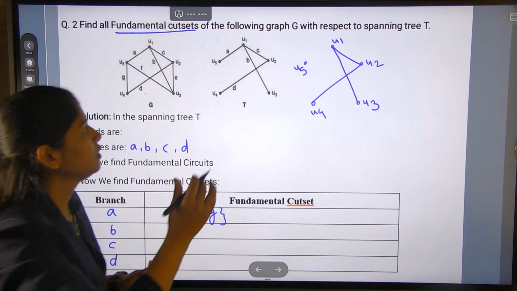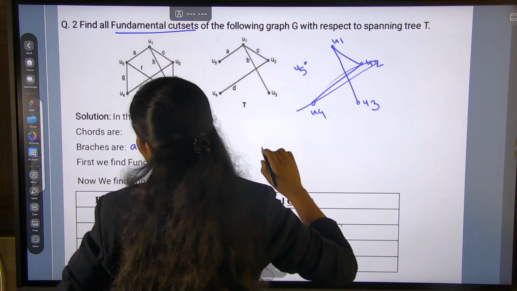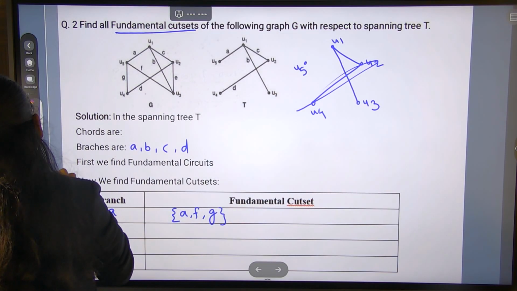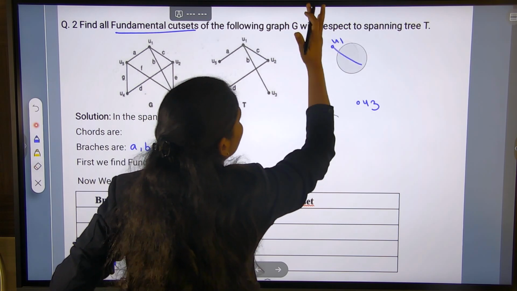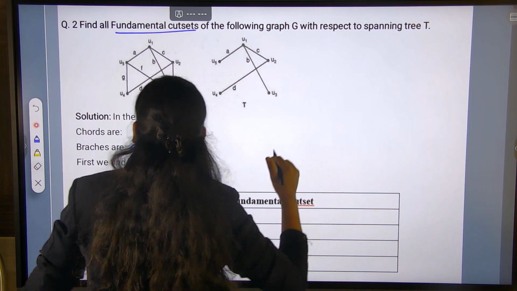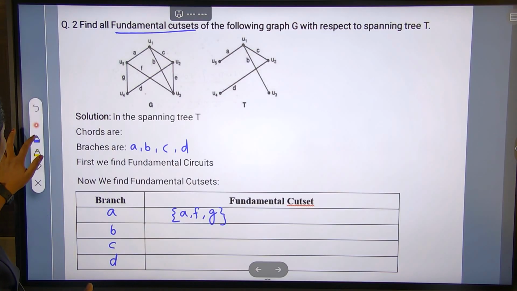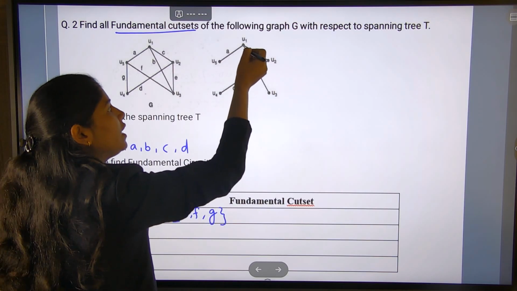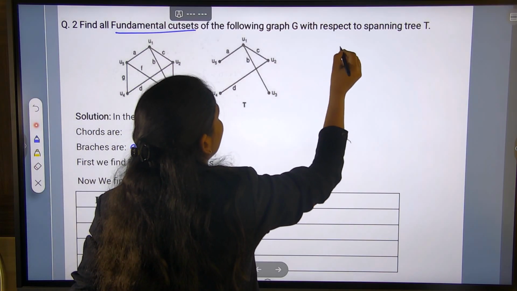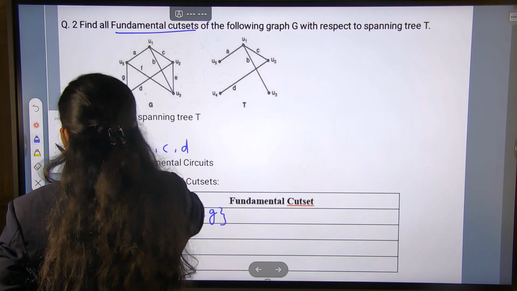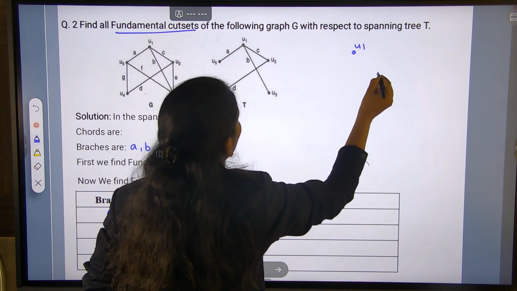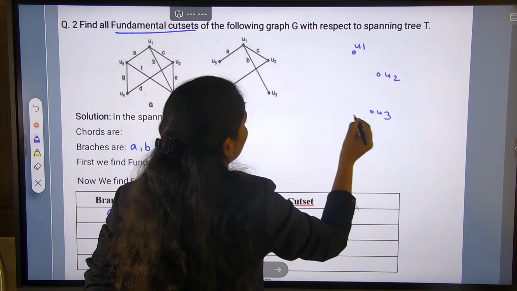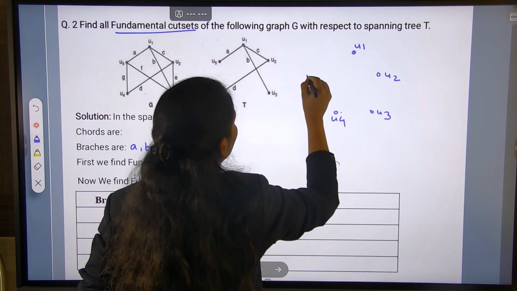Now for B. If we remove that edge B, we get U1, U2, U3, U4 and U5.